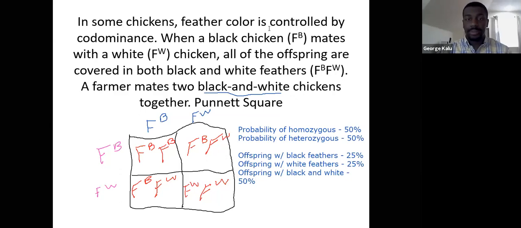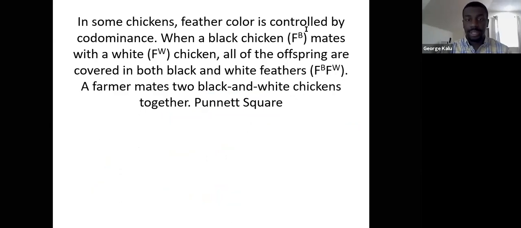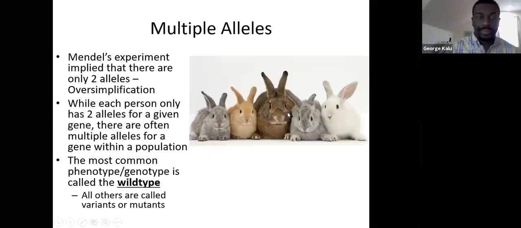Okay, cool. So go ahead and clear that. Now the next inheritance pattern that we're going to talk about is called multiple alleles. Oh, so Kimberly's question: do humans have codominant traits? Yeah, there are some traits that are codominant. Blood type is one of them.